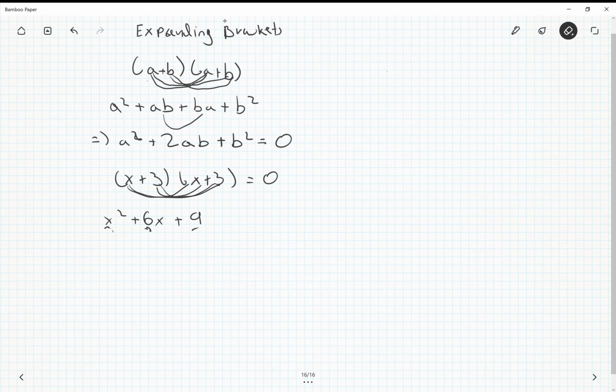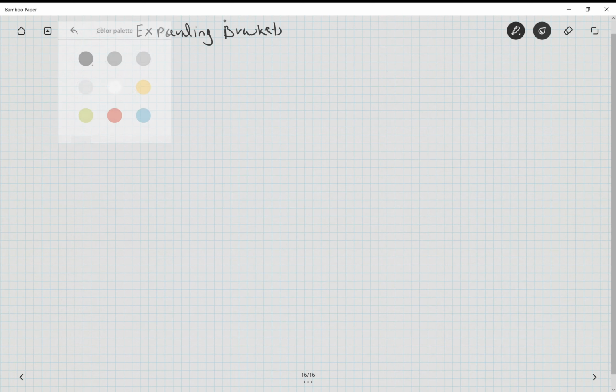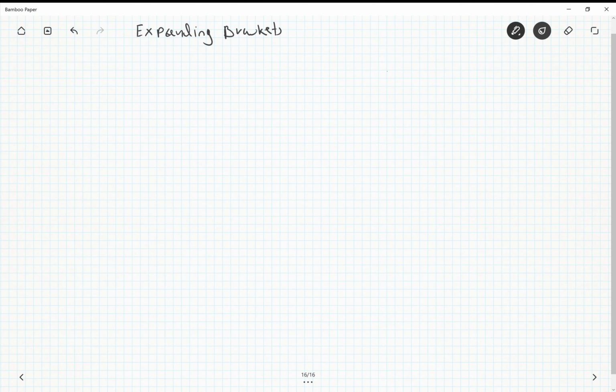So let me just cancel this out. I'll write a formula for every single type of expanding brackets. So there's a plus b whole squared. And what I mean by whole squared is this entire thing is multiplied. That essentially just equals a plus b times a plus b.